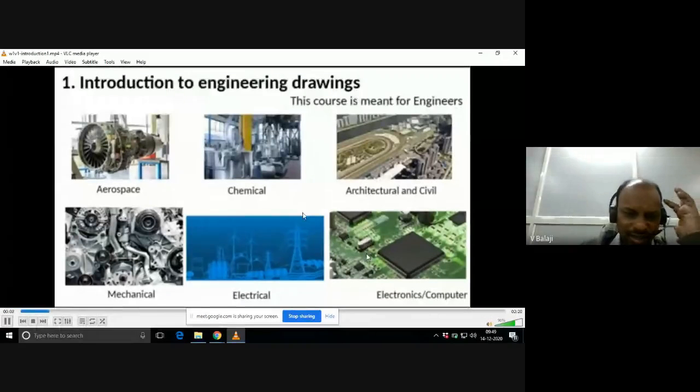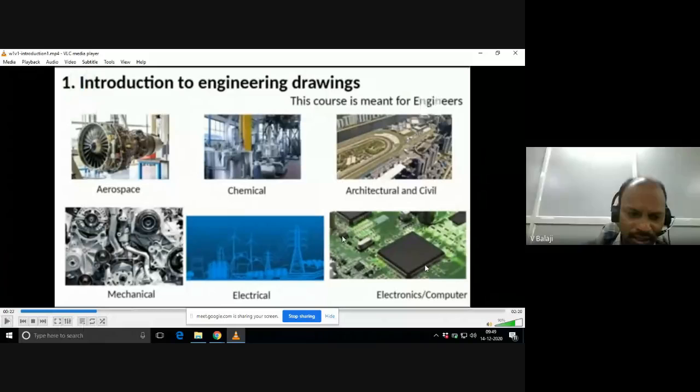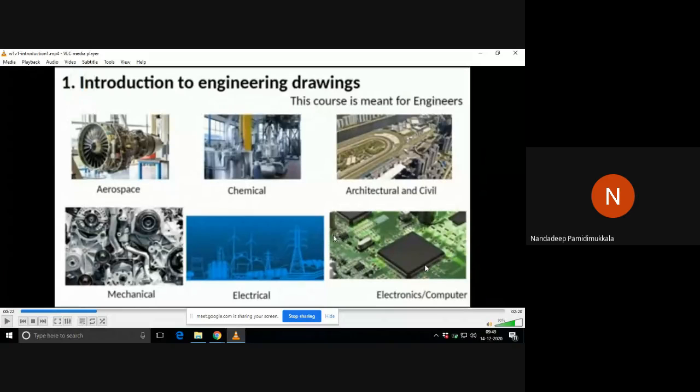Can you read the important keywords showing on the screen? Aerospace, chemical, architecture and civil, mechanical, electrical, electronics, or computers. Very good.